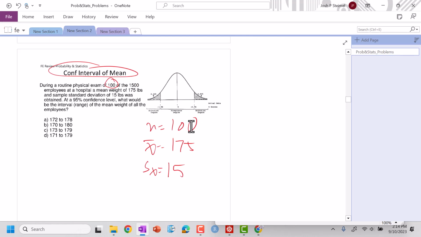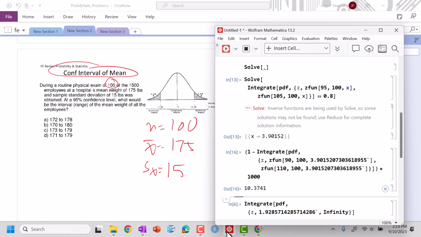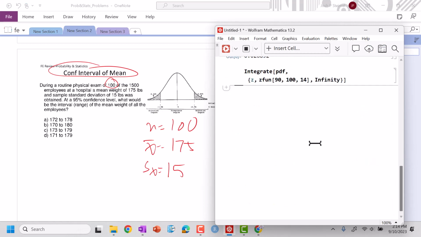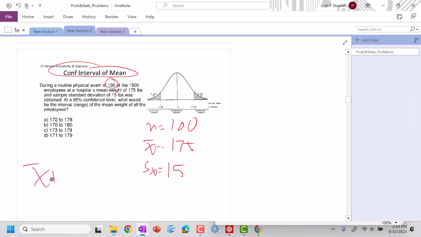So this is a large sample size, so we know that our z over 2 value, so if we do x bar plus or minus z over 2 times s sub x over square root of n, and z over 2 is going to be 1.96.